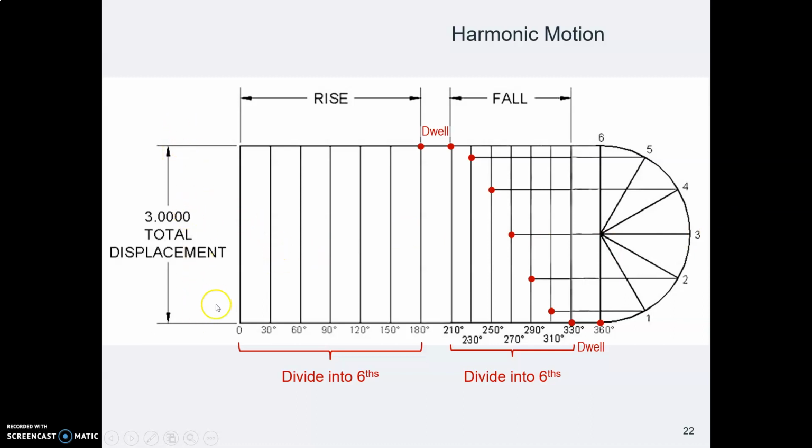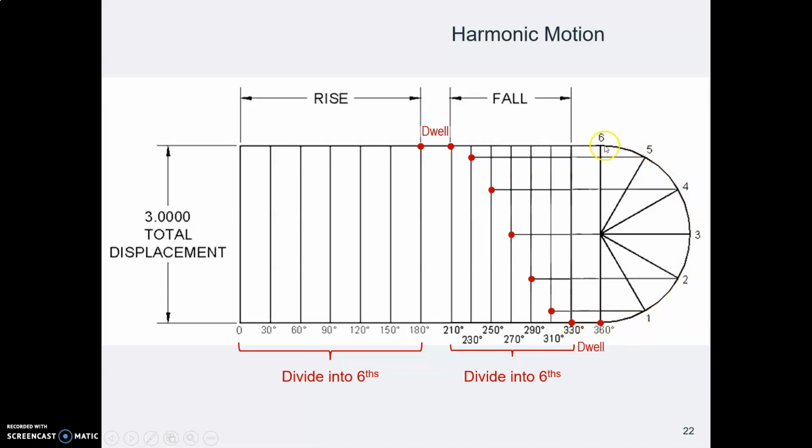If this is 3 inches high, this is not 12 inches long, so you can see that the proportions are not exactly the same aspect ratio you will have in your graph. Sorry about that. So anyway, it will dwell from 180 to 210, and then it'll fall from 210, 120 degrees to 330. Then it will dwell for 30 degrees to the end.